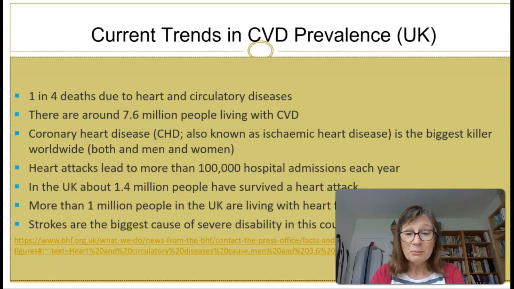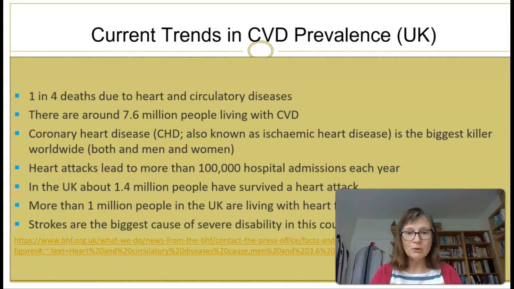We have a lot of people who have survived a heart attack, and about 1.4 million people living post-heart attack, and we have about a million people living with heart failure, so that classification that I was talking about, with some level of disability in class 2, 3 and 4.